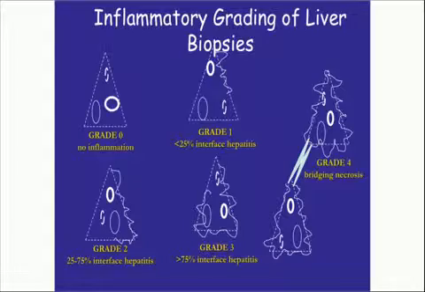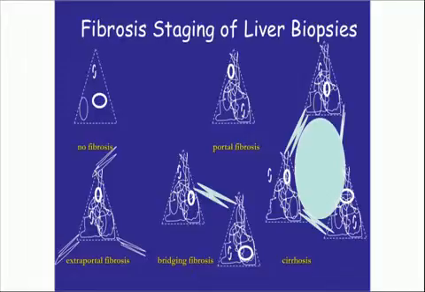And in terms of inflammatory grading, there are a number of different grading systems, but in essence you can look at the amount of interface hepatitis that progresses between different grades, and then start to get bridging necrosis.